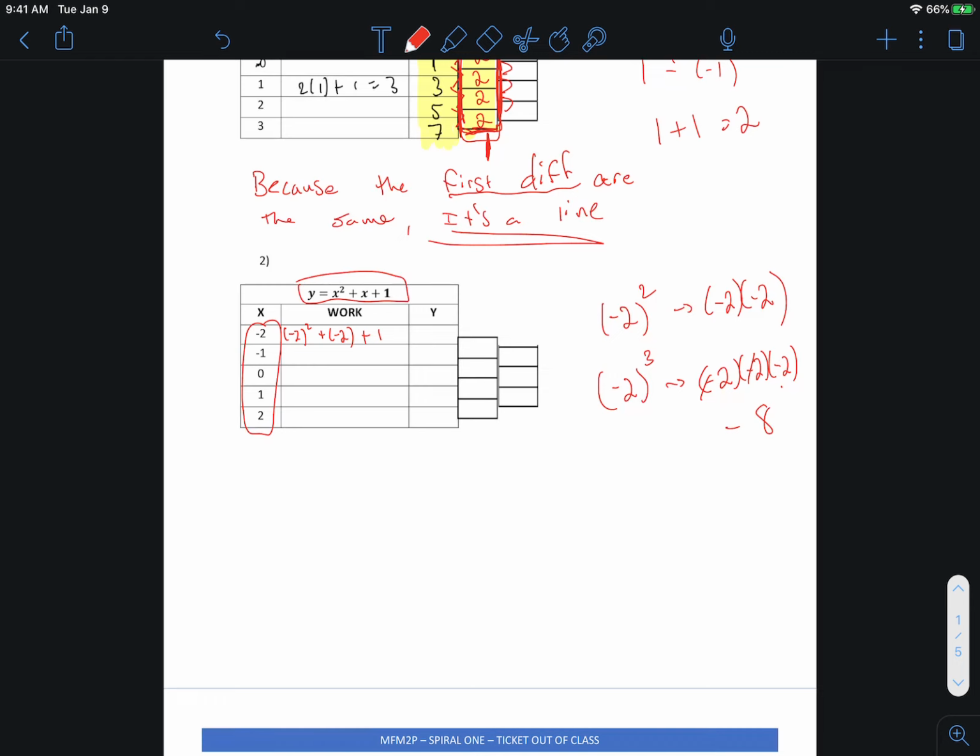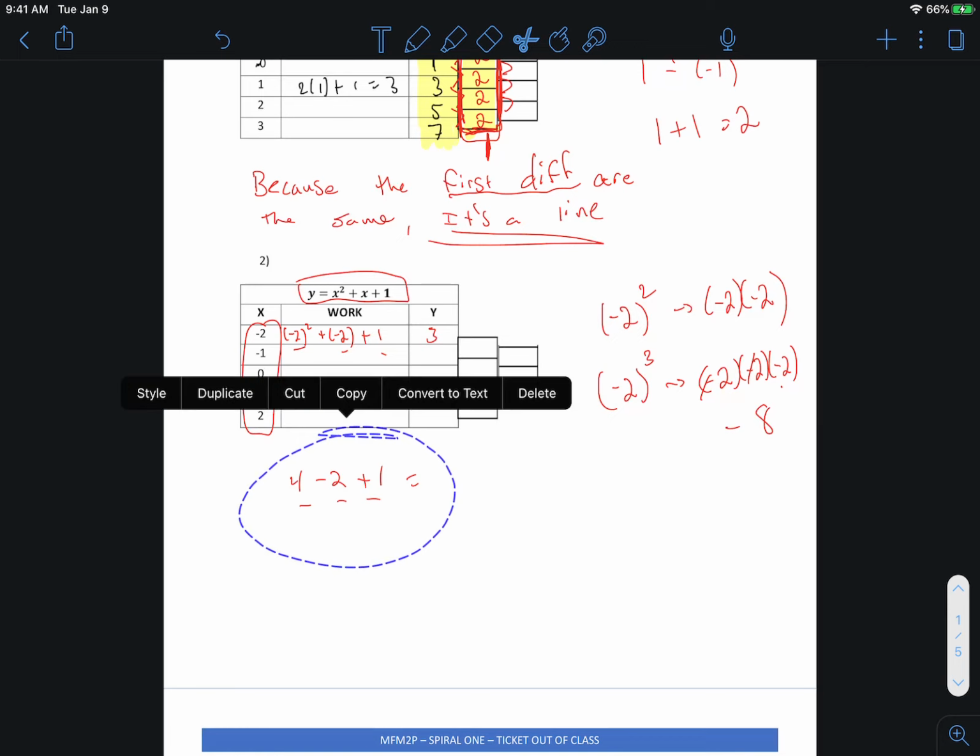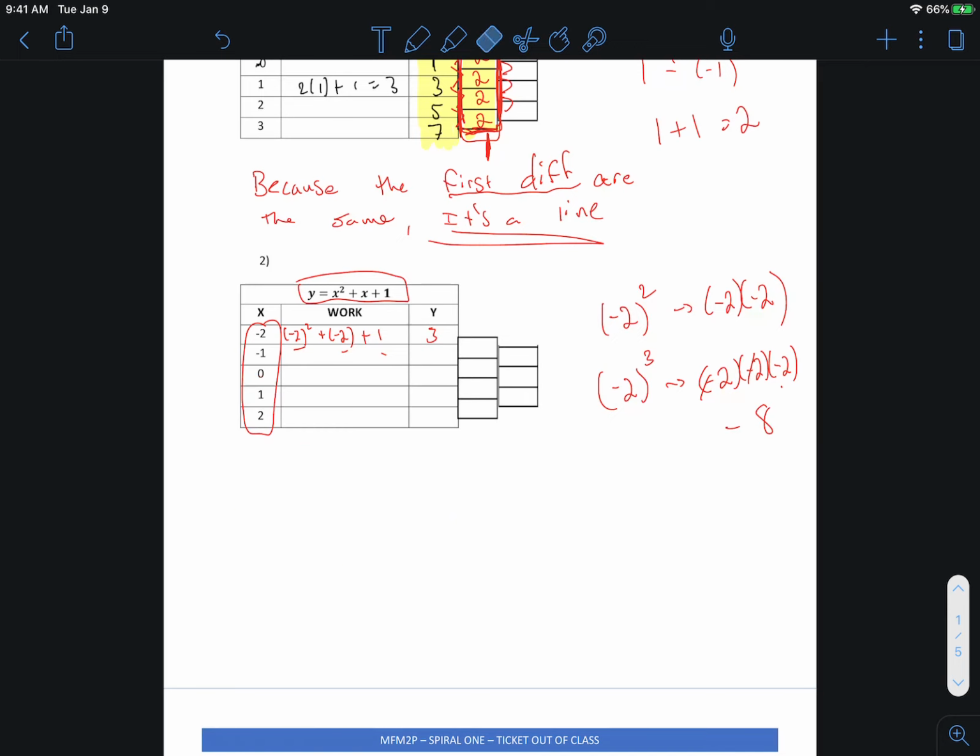So you can go, okay, negative 2 squared should be 4, and then minus 2 plus 1. I just did the math on each piece individually. It'd be 3 then. So 3 goes in the y. Okay, I'm good with that. We'll get rid of it, and then we can do the next one.